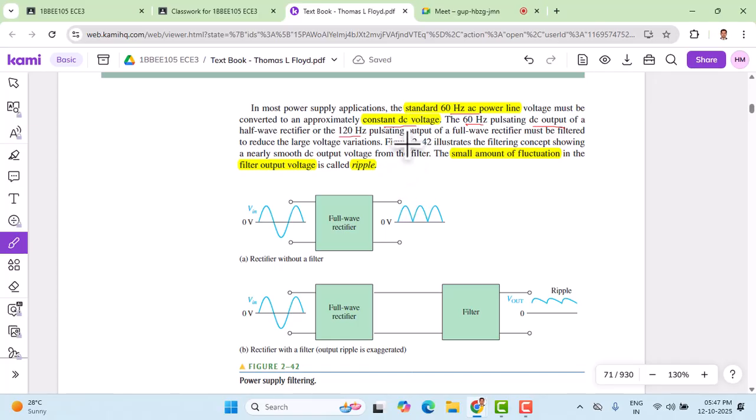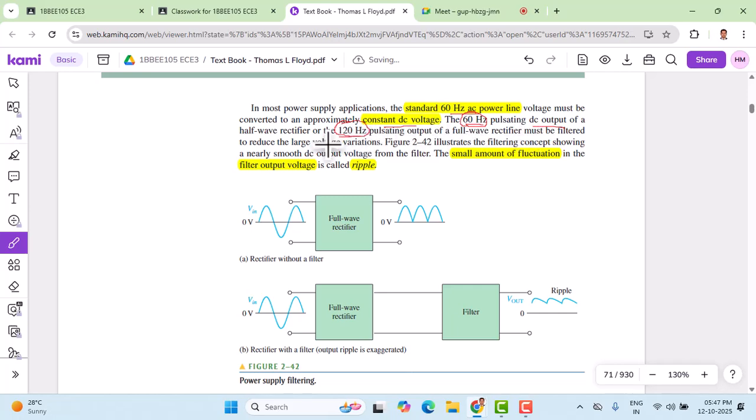Shortly we will understand how it gives twice the frequency. At the output of a half wave rectifier we get 60 hertz, whereas at the output of a full wave rectifier, either center tap or bridge, we get 120 hertz, twice the input frequency that we applied.